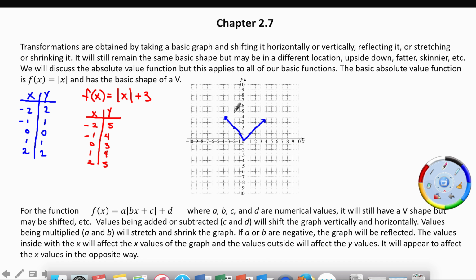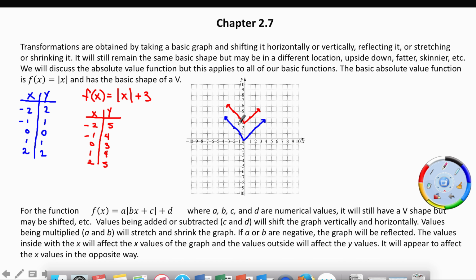-2, 5. -1, 4. 0, 3. 1, 4. 2, 5. Notice I still get that V shape. It's just in a different location. And notice what that location is.